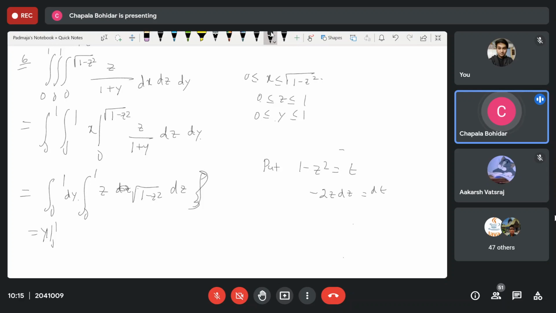Now here is the integration. I'm not writing 0 to 1; when I put the value of t, then I'll write 0 to 1. Then we'll get minus dt by 2, then t to the power half.